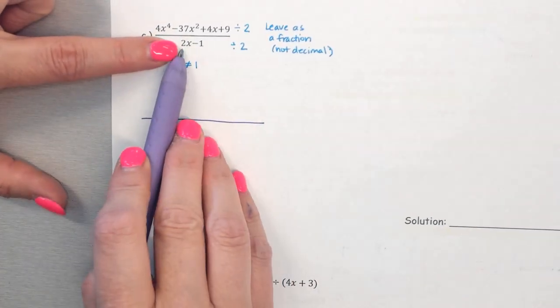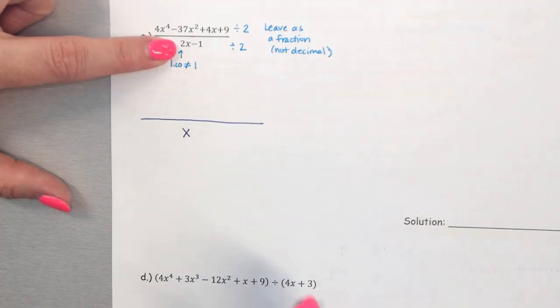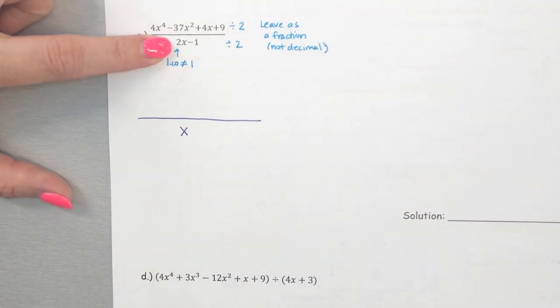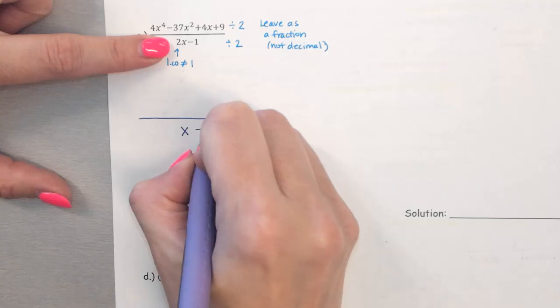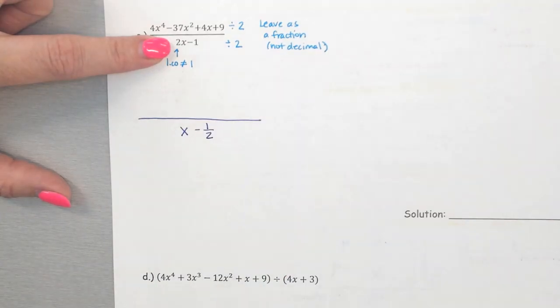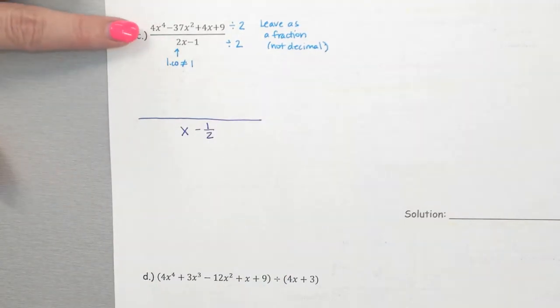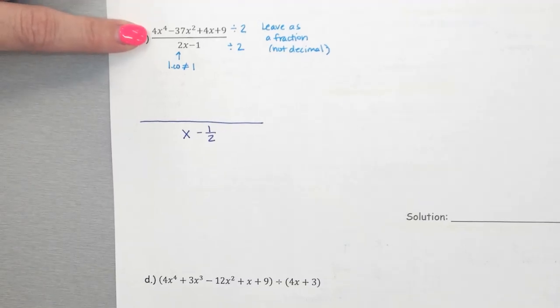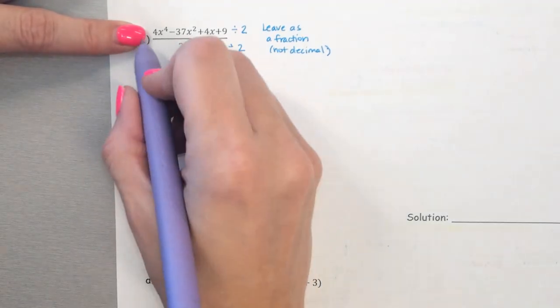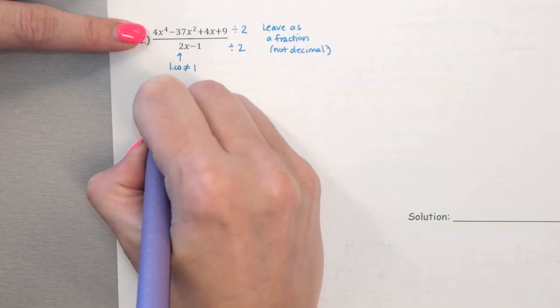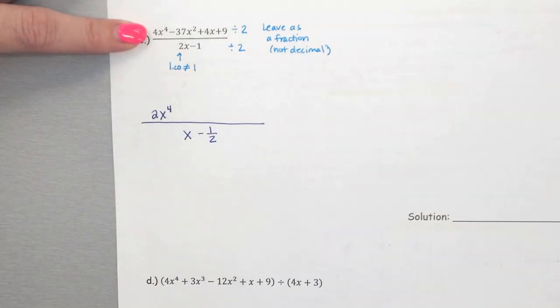So 2x divided by 2 is just x. Negative 1 divided by 2 is negative 1/2, so you just leave it as a fraction. And then we're going to divide everything in the top by 2. So 4 divided by 2, 2, so 2x to the 4th.